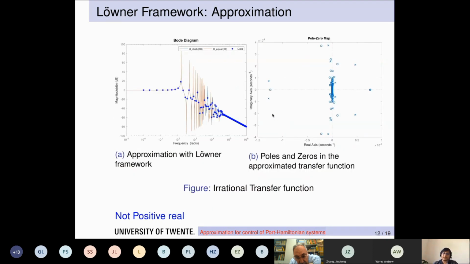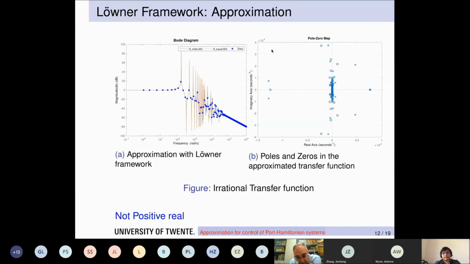We applied the same to our original irrational one, and we see this approximation. It interpolates the data very well. And at first we also came up with some unstable models, and by stabilizing this approximation, we don't come up with a positive real transfer function.